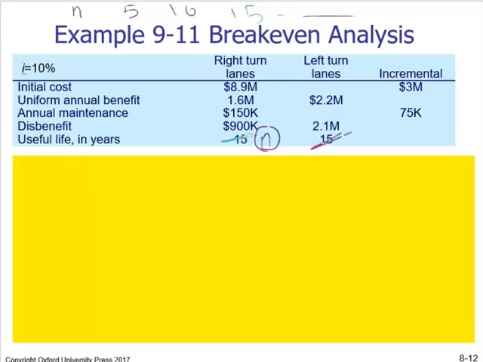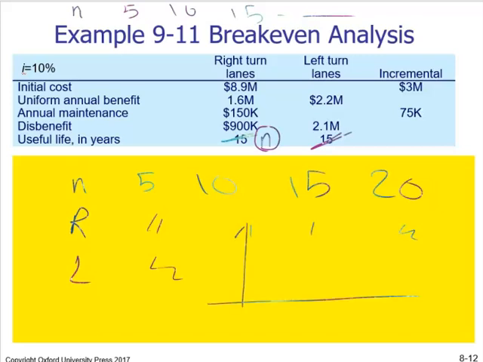And remember, when you have all these numbers, visualization is not a big deal. Just to tell you, for example, if we have N as 5, 10, 15, 20, and we have right lane present worth and left lane present worth, and you have all that data here, you draw them, and you get things like this.